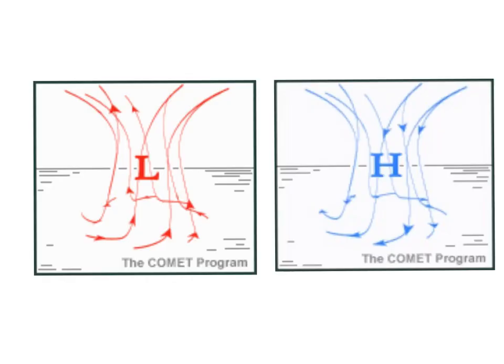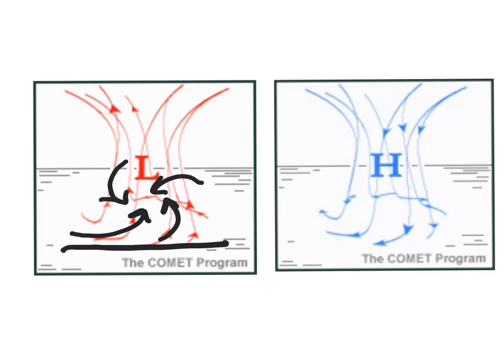So to review, we have the Earth's surface here. The Earth's surface is going to warm up the air right above it through conduction. That air is going to spiral counterclockwise, and it's going to spiral in and up.